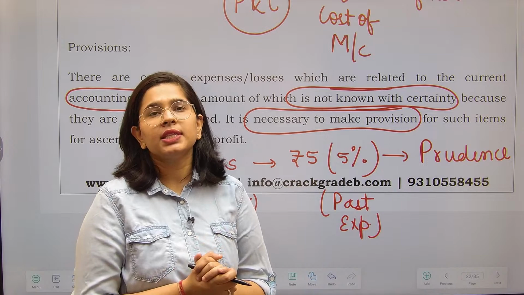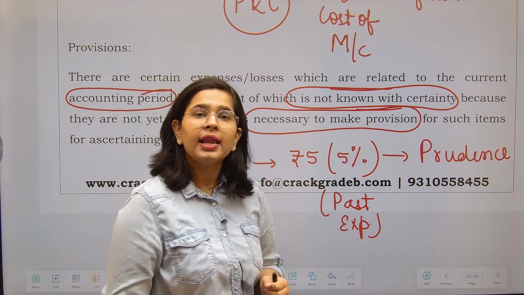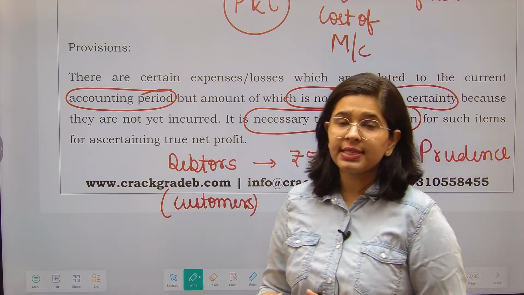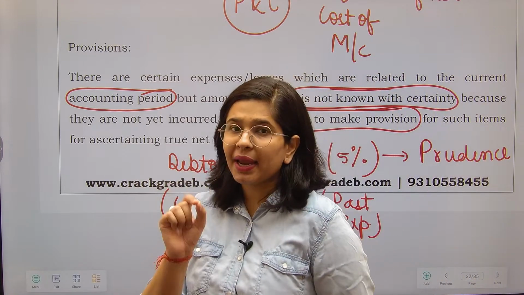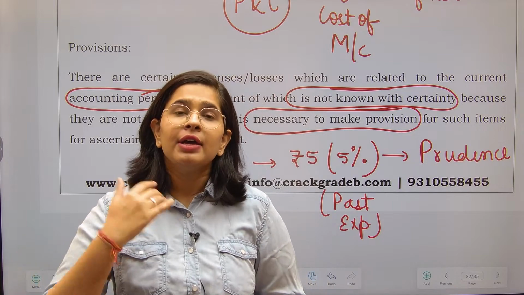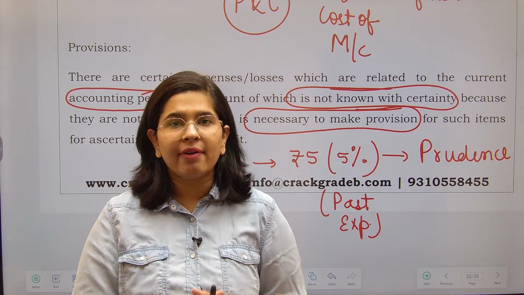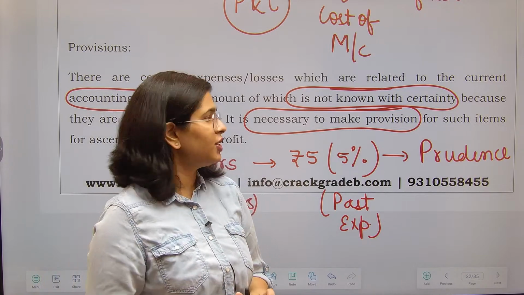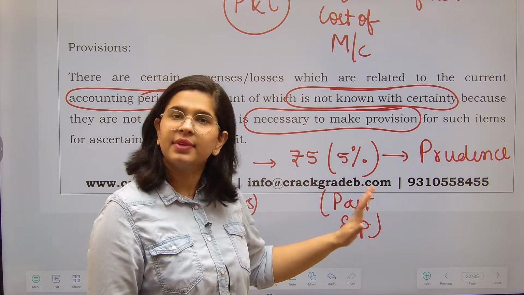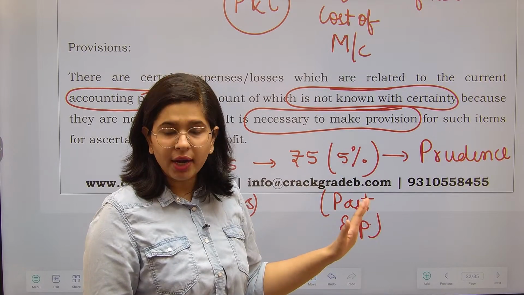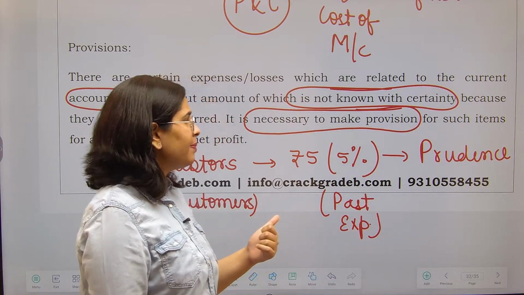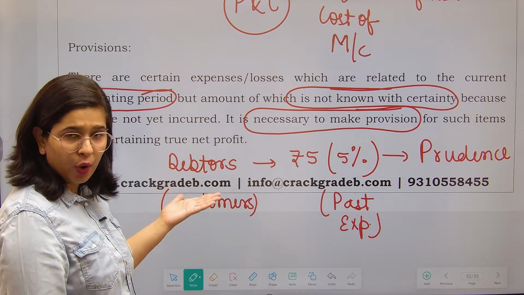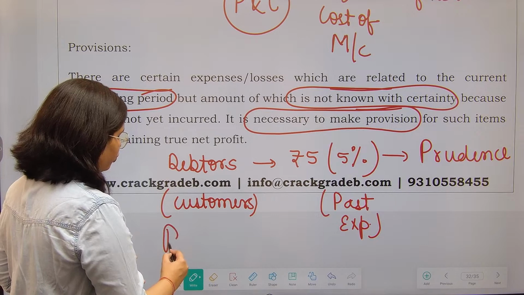As per this principle, we have been told that you have to record all the expected losses and expenses. Expected losses and expenses means those which are going to happen. If you have a certainty that this is going to happen, in that particular case, you have to record them. Now at the same time, for debtors, I hope each one of you knows about it.